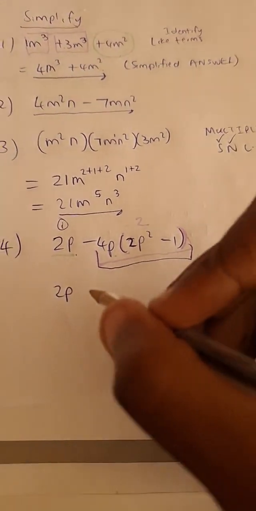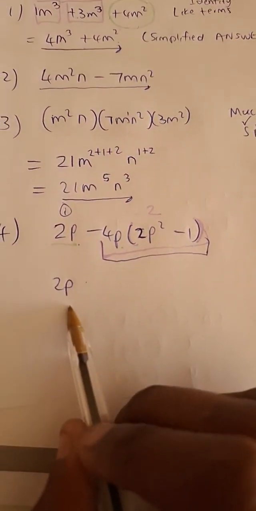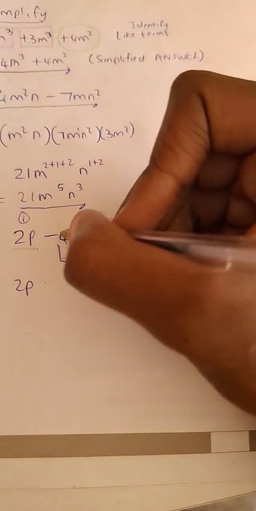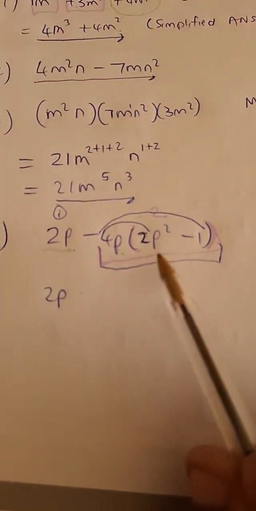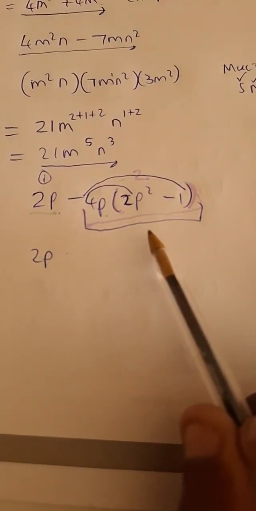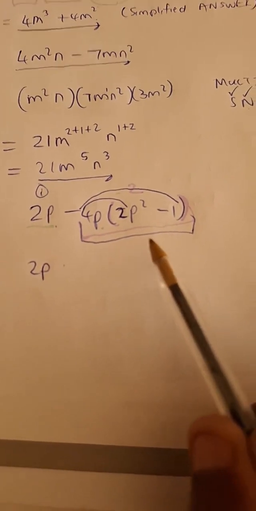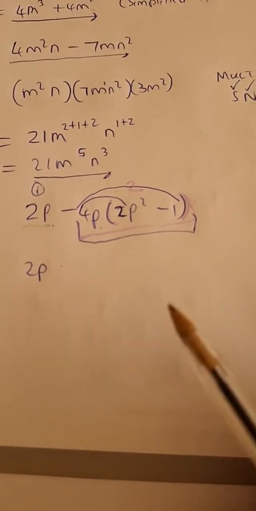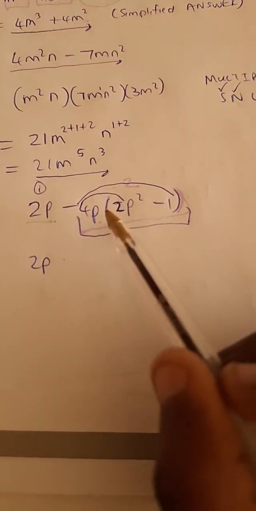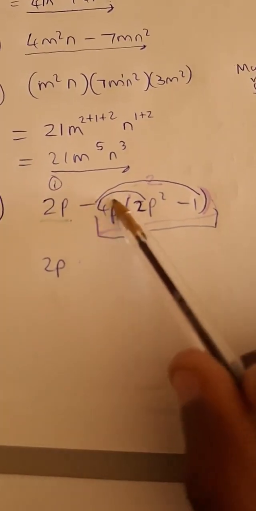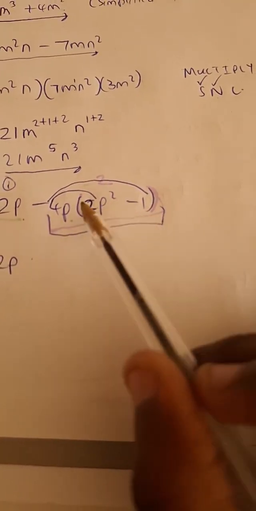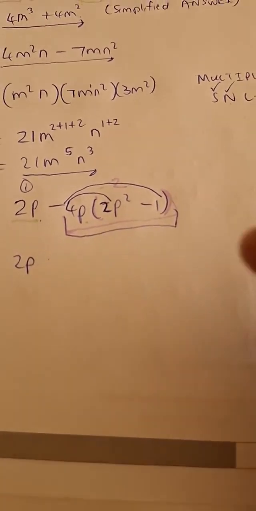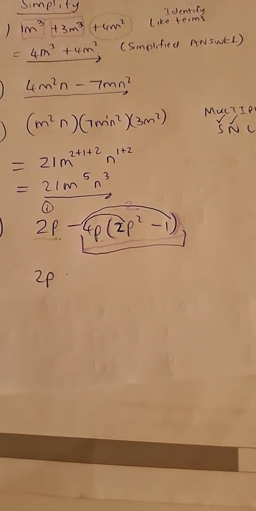Okay? So 2p, we write it down. This negative 4p, if you remember, there's a property in numbers in grade 8 called the distributive property. It applies when you have a monomial outside the brackets and inside you have either a binomial, trinomial, or polynomial.